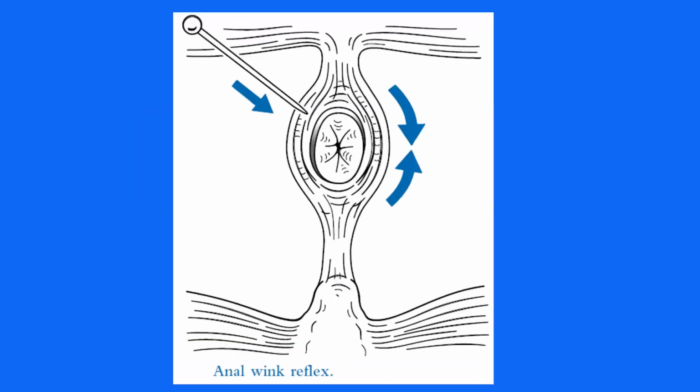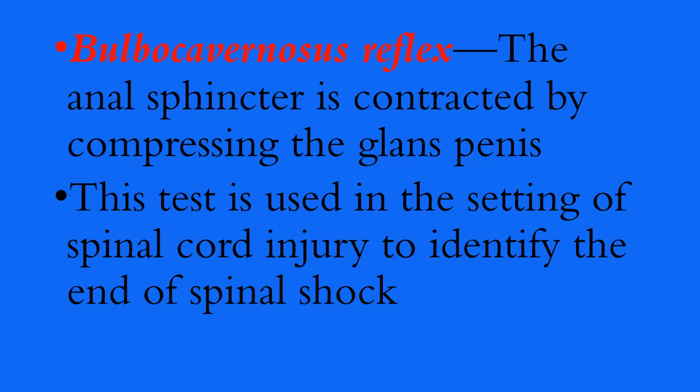The bulbocavernous reflex. This is the basis of trauma of the spine. The anal sphincter is contracted by compressing the glans penis. I will show you it in a photograph.